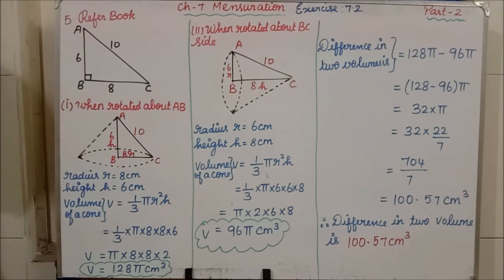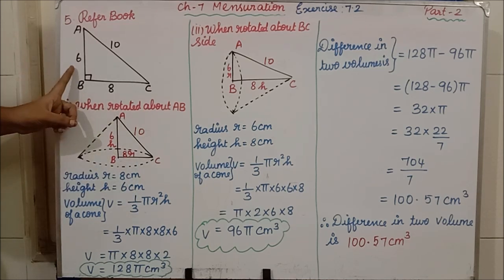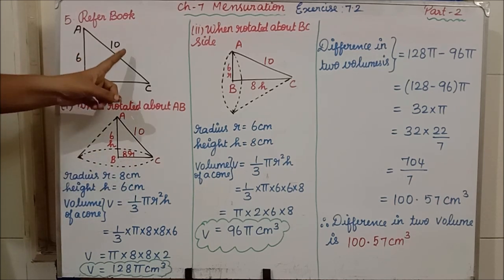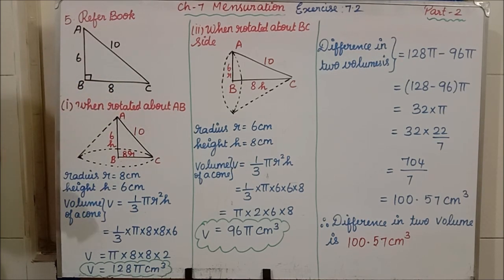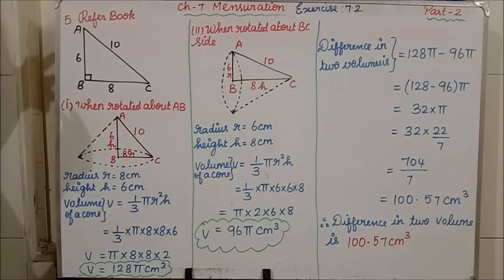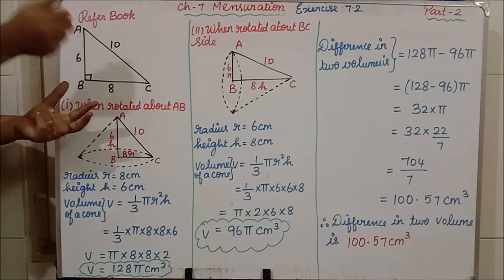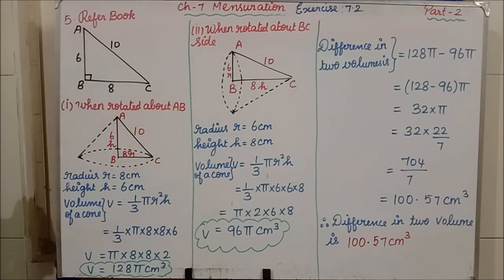Yes. Now I am going to read the remaining question. A right angle triangle whose sides are 6 centimeter, 8 centimeter and 10 centimeter is revolved about its side containing the right angle in two ways. Students, they are asking to fix one side and rotate the other side.